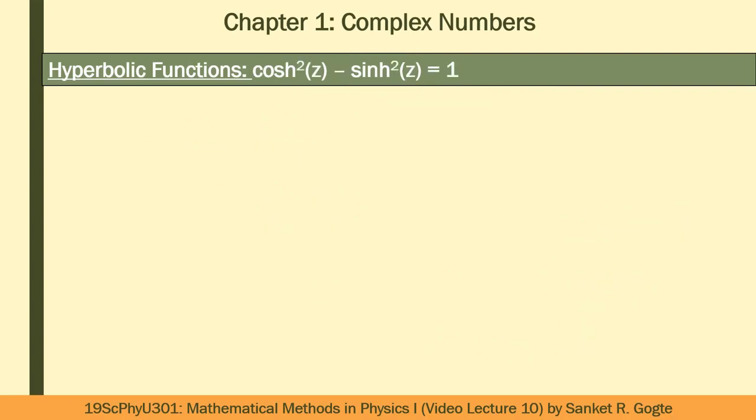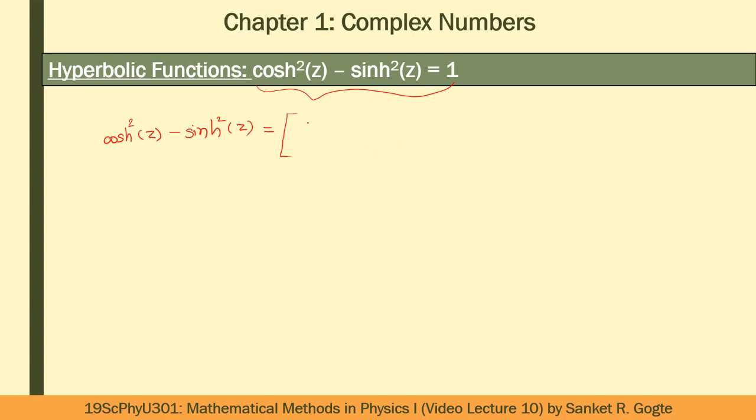Let's prove one more equation in relation with hyperbolic functions. This is the equation which is to be proved. So let's begin by writing the left hand side of the equation. Cos square z minus sine square z is equal to, now to write the right hand side I will use the definition of hyperbolic cos and sine.